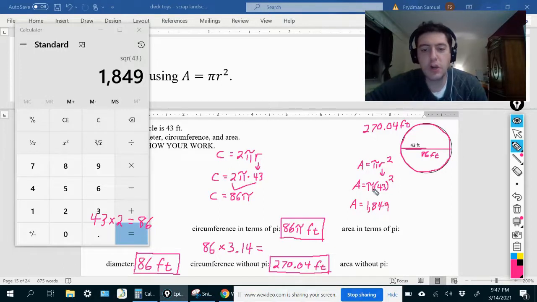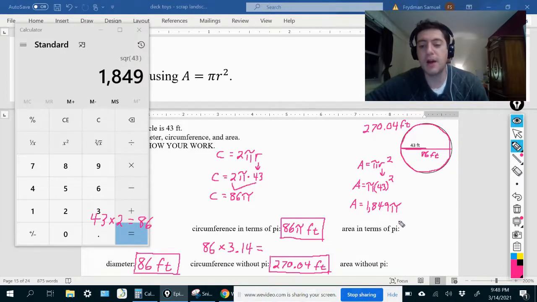So the area is equal to 1,849. And don't forget that we still have this pi over here. So let's keep that next to that number. Okay, that's very important. The area is not 1,849 square feet. The area is 1,849 times pi square feet. That's still in there. And for this one over here, we're just going to write our area in terms of pi.